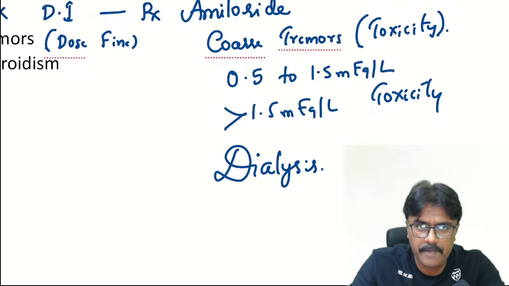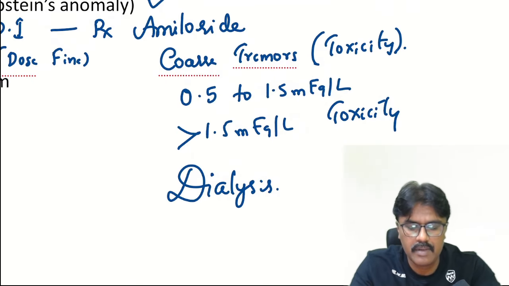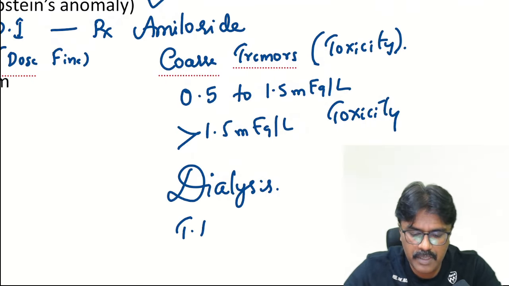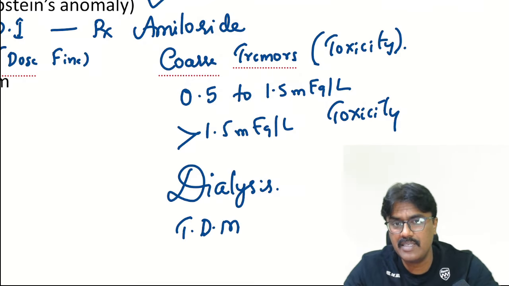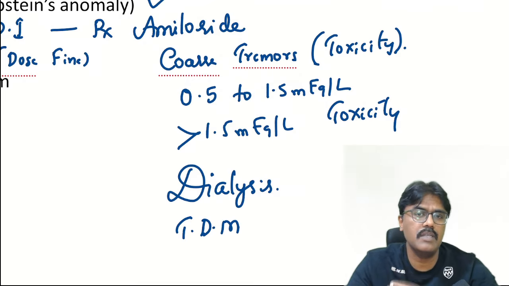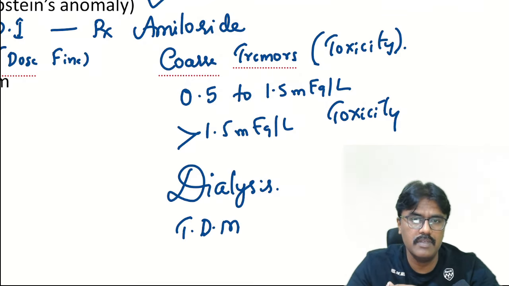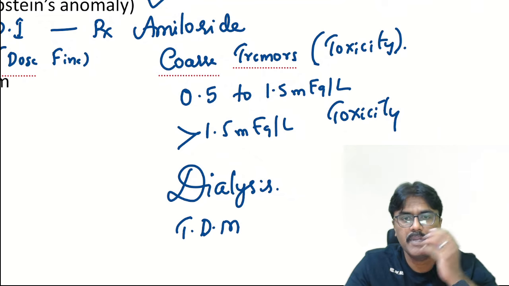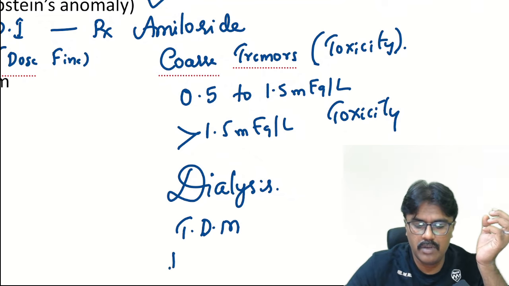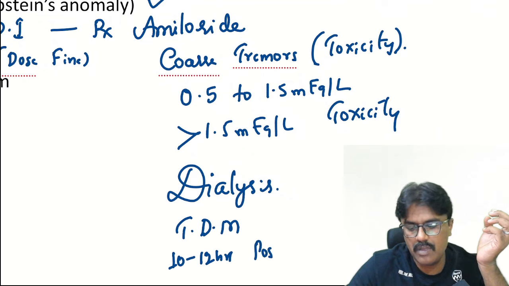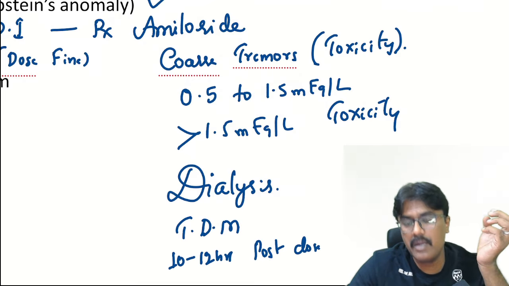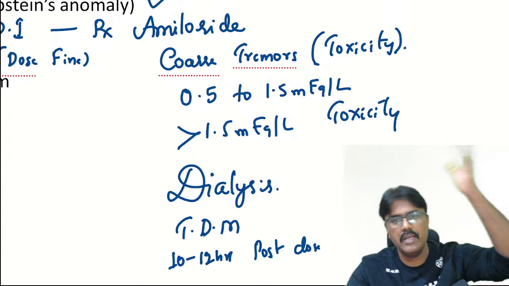Dialysis should be done. And remember, the drug requires therapeutic drug monitoring. That means you have to check the levels of lithium. The blood should be drawn 10 to 12 hours post dose. Meaning, suppose I take the tablet at 9 o'clock in the night, next morning at 9 you can draw the blood.